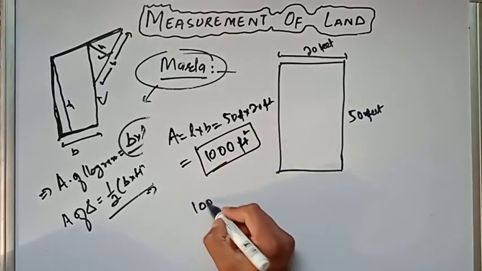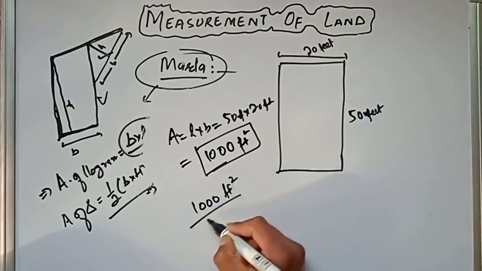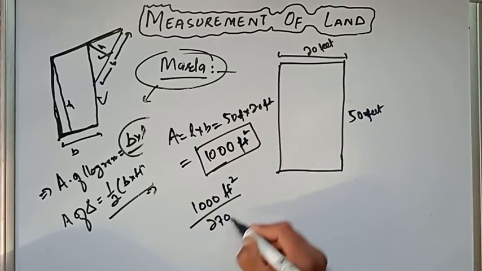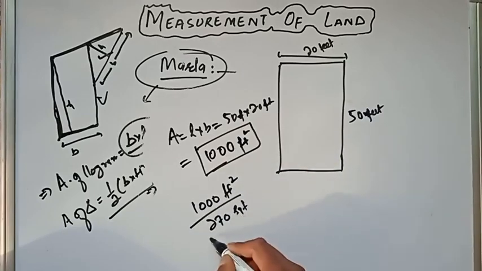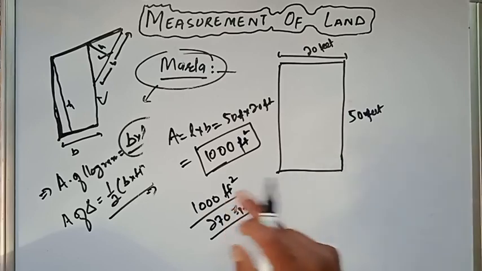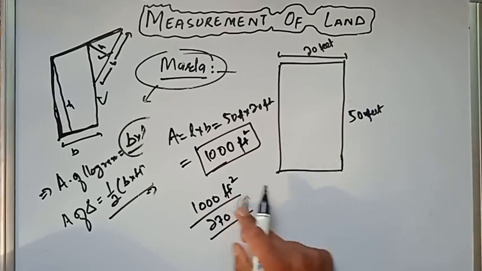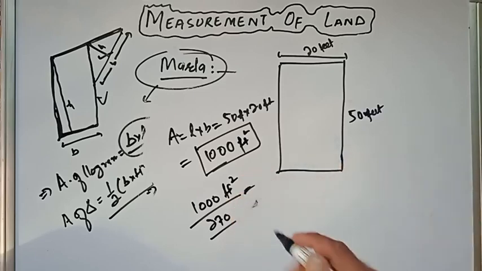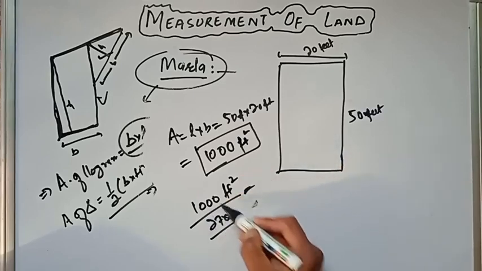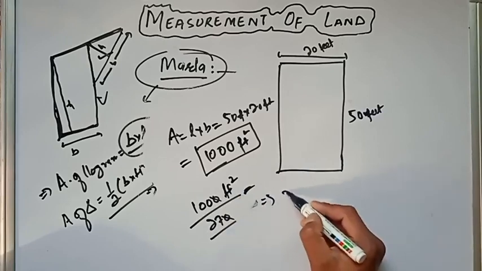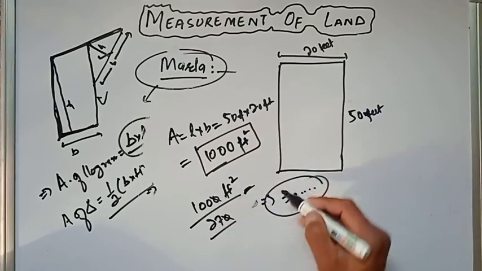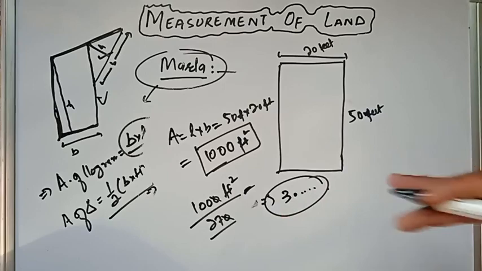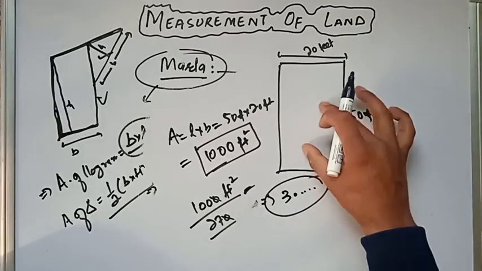Now 1000 square feet, you have to divide by 270 square feet, because you have to divide by this value to get the value in Marla. 1000 divided by 270 you can calculate, that is, it will be 3 point something. मतलब 3 मरले और कुछ फीट है इस प्लॉट का एरिया.